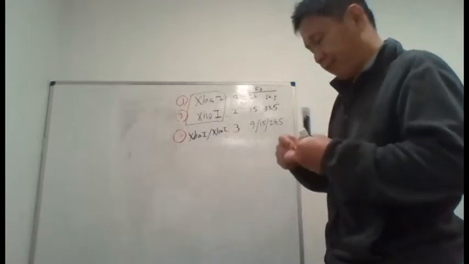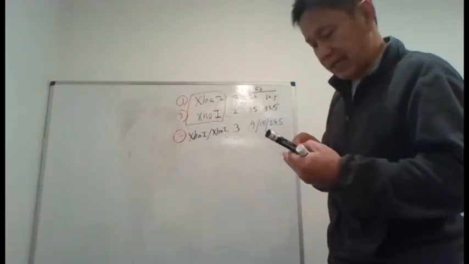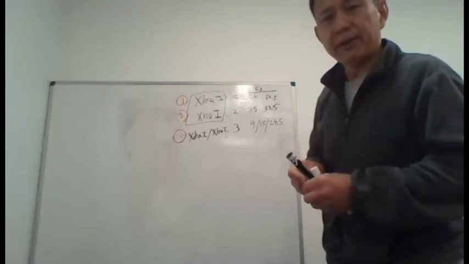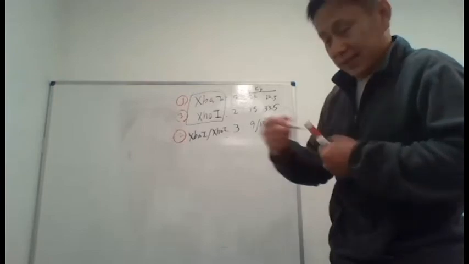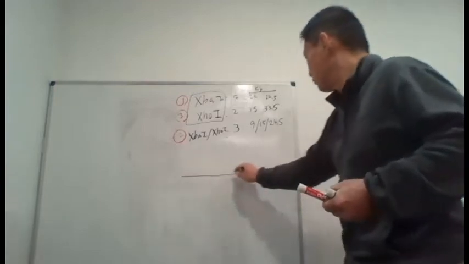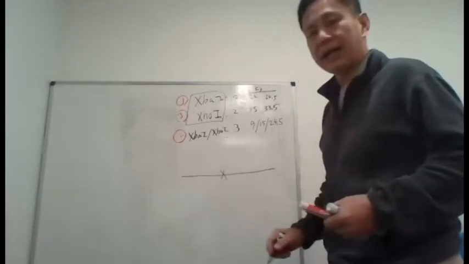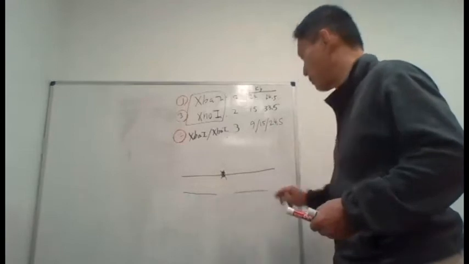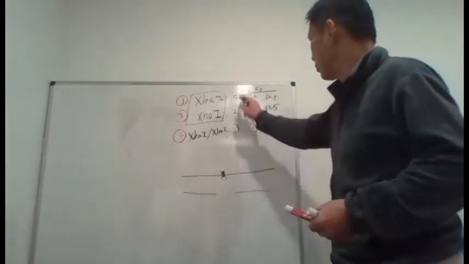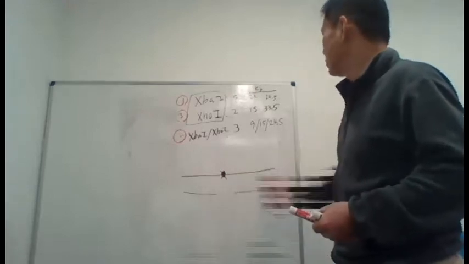So let's look at number 1, XBA1. XBA1 gives you 2 fragments, and that suggests linear DNA with only 1 cut site. After you cut here, you produce 2 fragments. What's the location of XBA1?